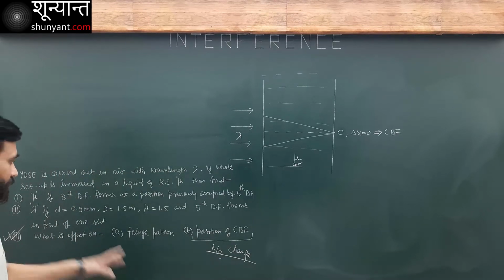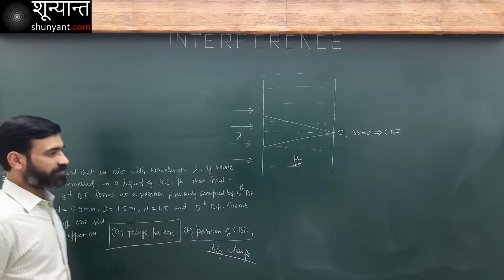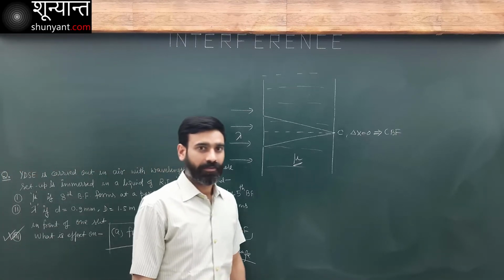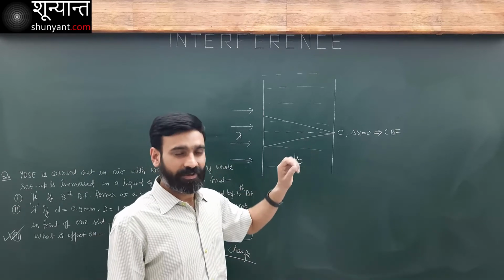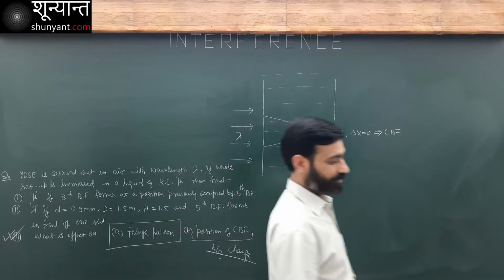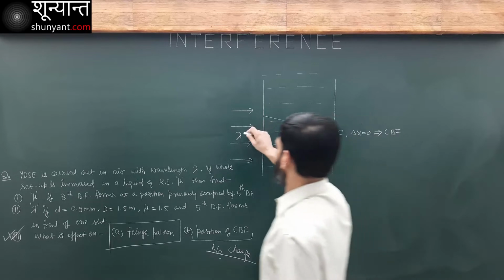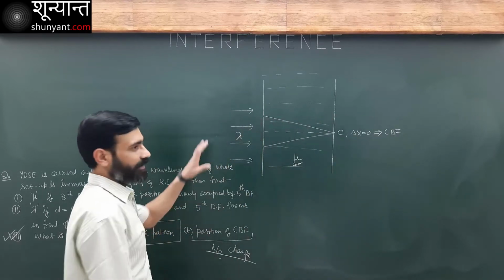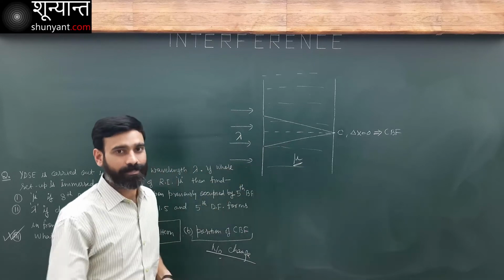Okay. Now, fringe pattern. What is the meaning of fringe pattern? Fringe width. What do you think? Will the fringe width change or not? If the wavelength is lambda here in air, what will be the wavelength in this medium?